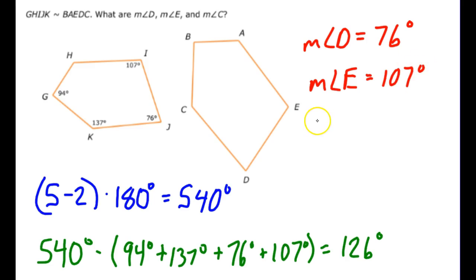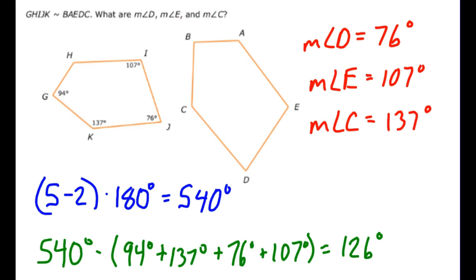And the measure of angle C corresponds to the measure of angle K, which is 137 degrees. So we actually didn't even need to find the measure of angle H to find these three missing angles, but it's good practice using that formula, finding the total sum of the interior angles of a convex polygon.